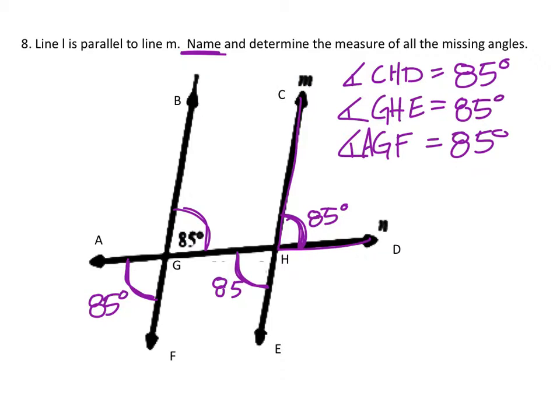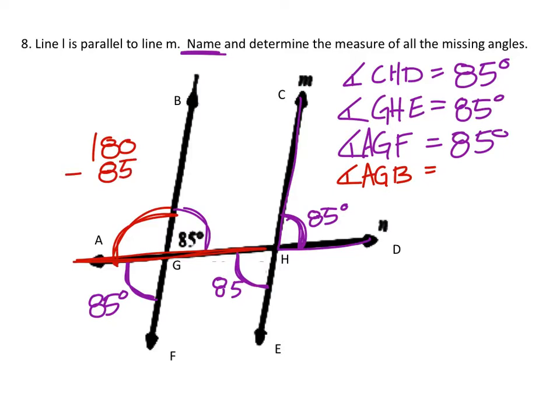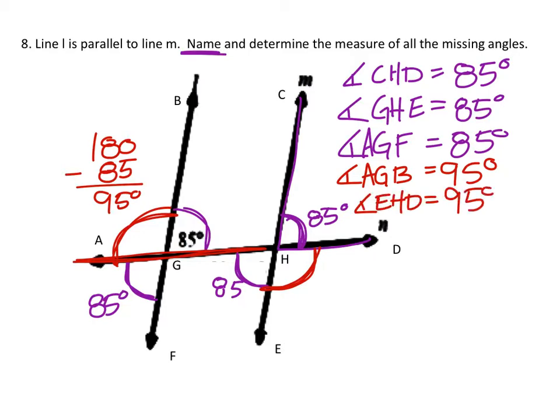I'm going to solve for angle AGB, which is this one. To solve for that one, I see it's a straight angle here. So I'm going to take 180 degrees and subtract the 85 degrees, and I see that it's 95 degrees. Now, since it's 95 degrees, its alternate exterior angle, angle EHD, also would be 95 degrees.